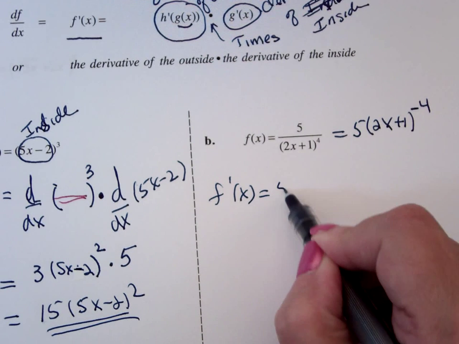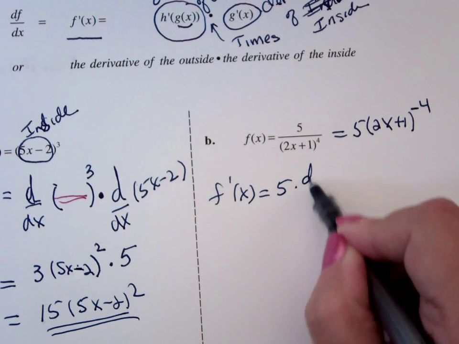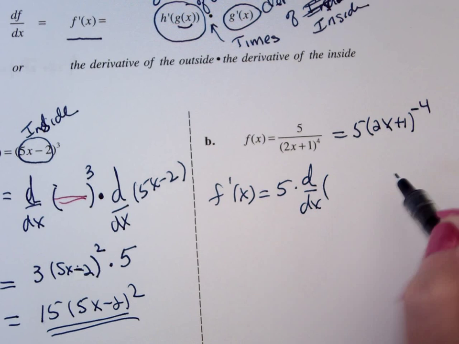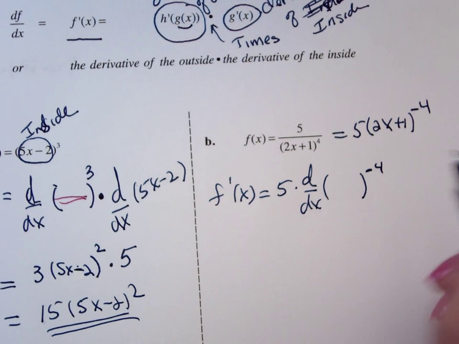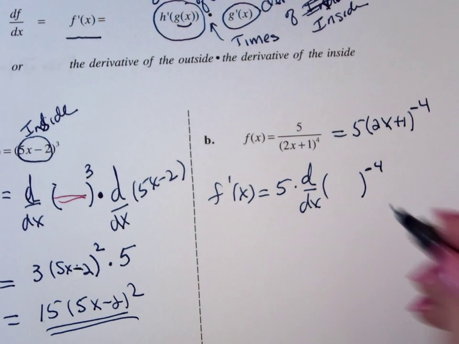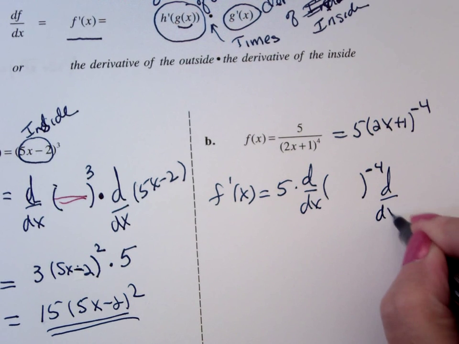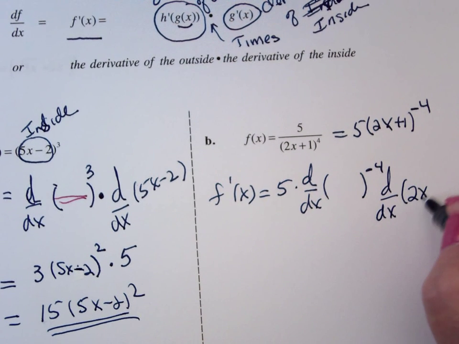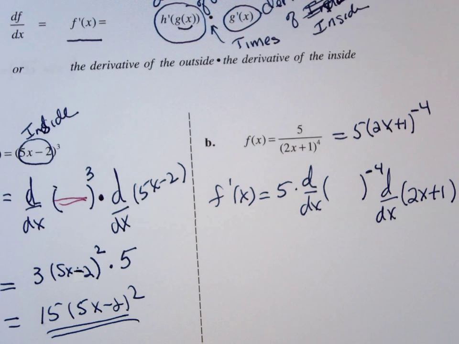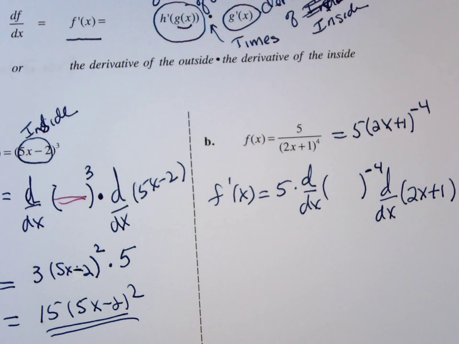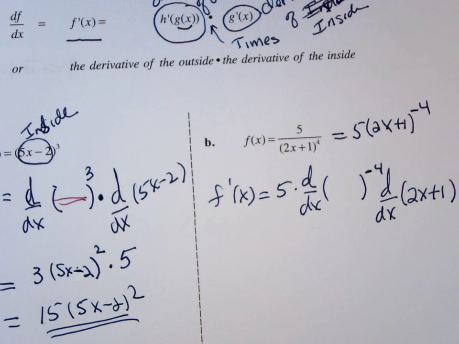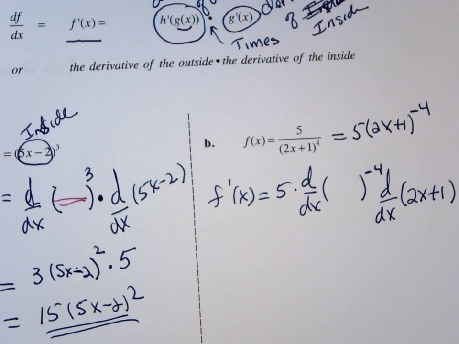Well, it's 5 times the derivative of the outside. Don't care what's on the inside. Times the derivative of the inside. As far as I'm concerned, when I take that first derivative, he has no inside. To me, it's a blur. That's why I call it a blob.